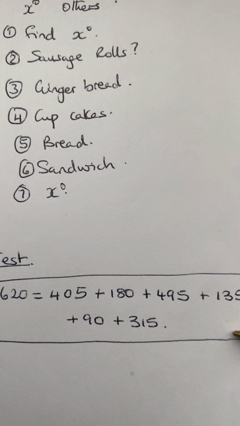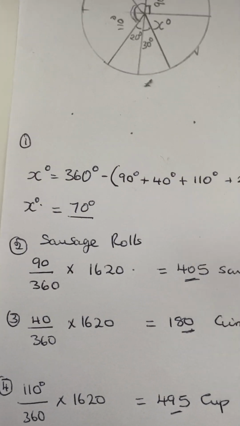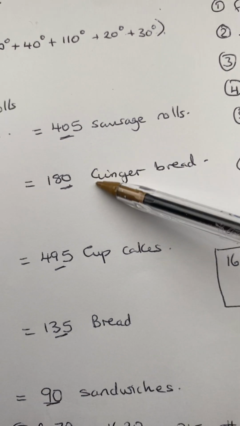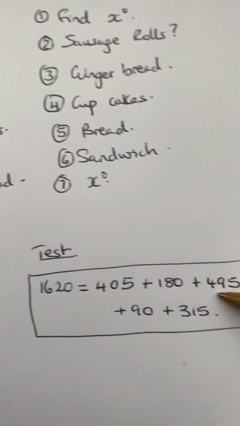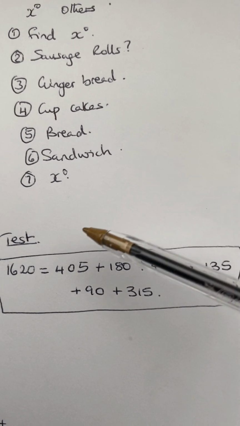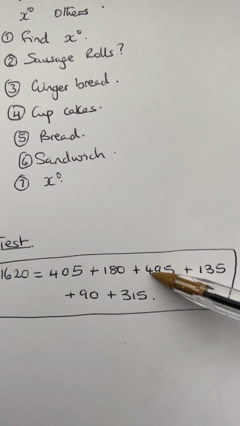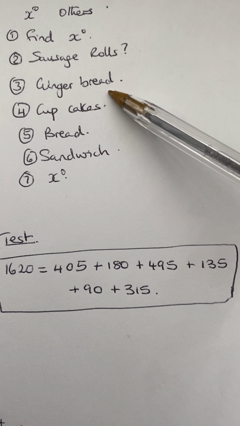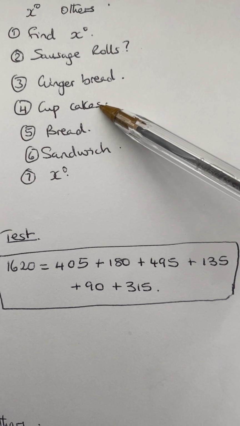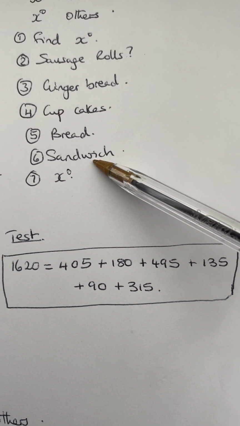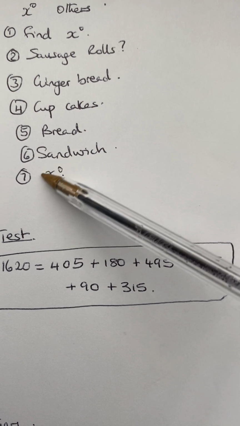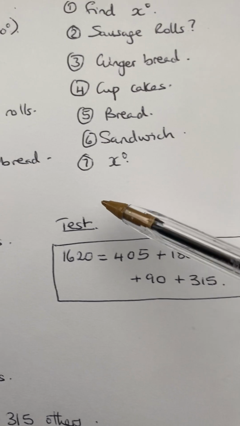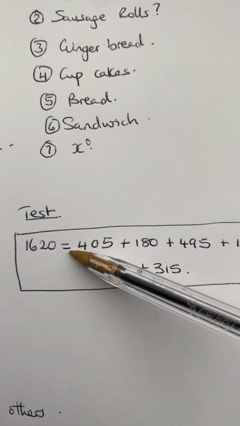Now for the last bit, what I did is, after answering all the questions and seeing what they represent, I wasn't asked to do this, but I added everything. The sausage rolls, the gingerbread, and all the values, the cupcakes, the bread, the sandwiches, the others, the eggs, and everything I got added up to 1625.